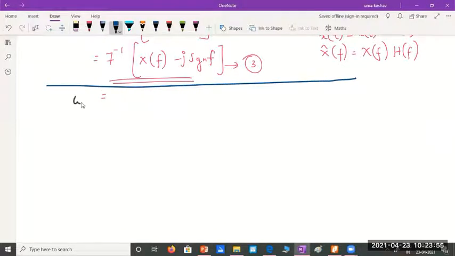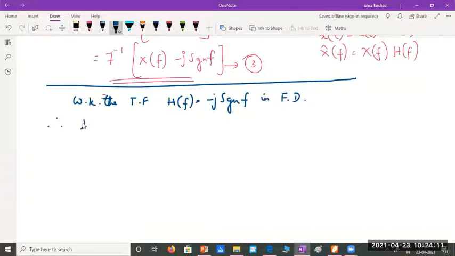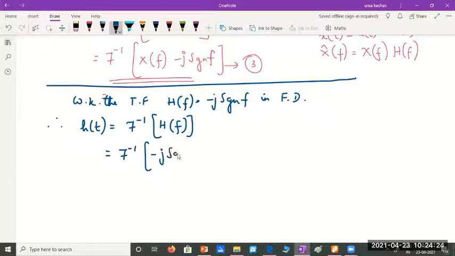We know the transfer function H of f is minus j signum of f in frequency domain. Therefore, h of t can be obtained as inverse Fourier transform of H of f, and that means it is inverse Fourier transform of minus j signum of f.